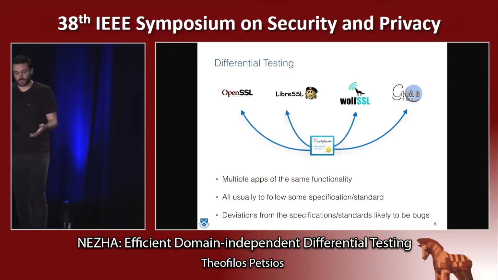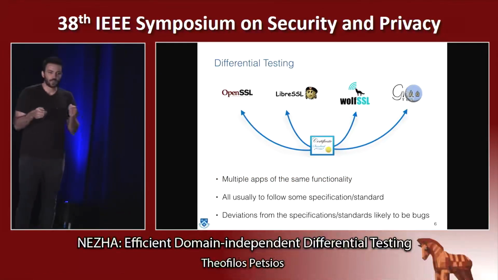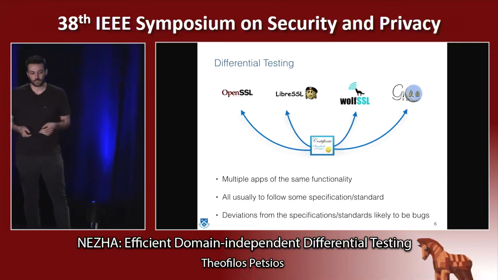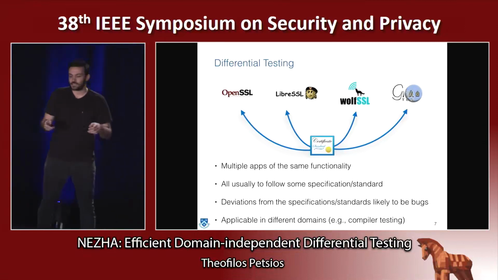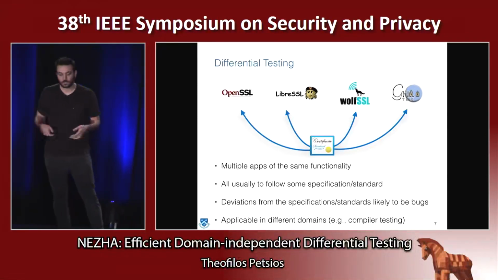So what we do with differential testing is we feed an input to all of these applications, and then we observe their behavior to see if we spot any deviation. And this is, of course, not applicable only to SSL libraries, but also to compiler testing, or you could differentially test different JVM implementations and so on.